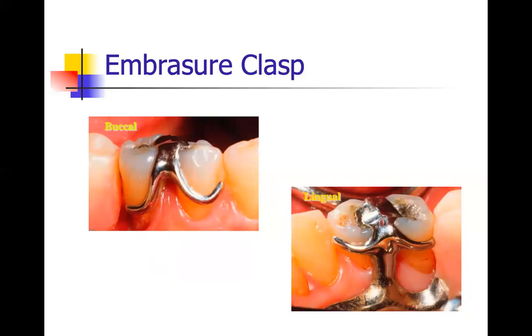The embrasure clasp should always be used with double occlusal rests, two retentive clasp arms, and two reciprocal clasp arms. This is done to avoid interproximal wedging by the prosthesis, which could cause separation of the abutment teeth, resulting in food impaction and clasp displacement.